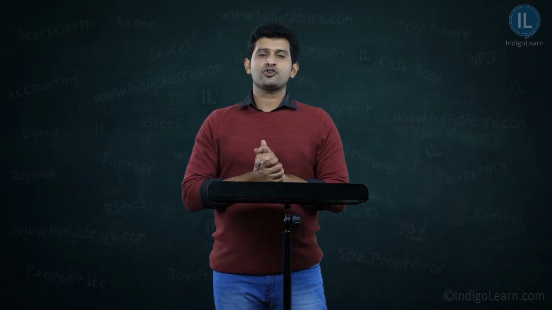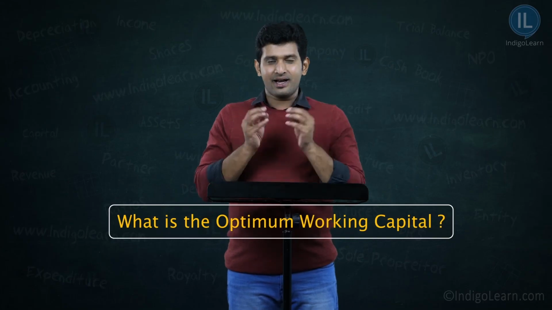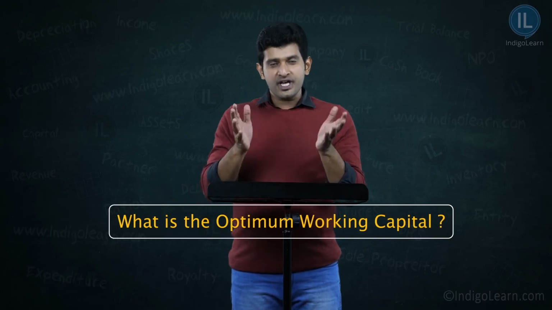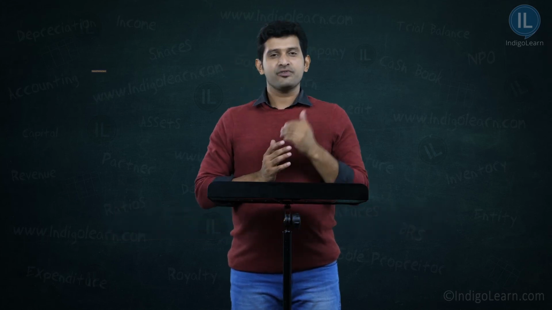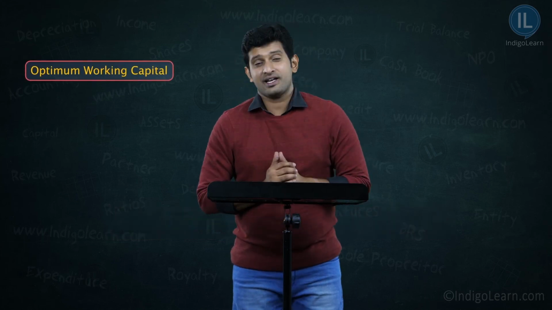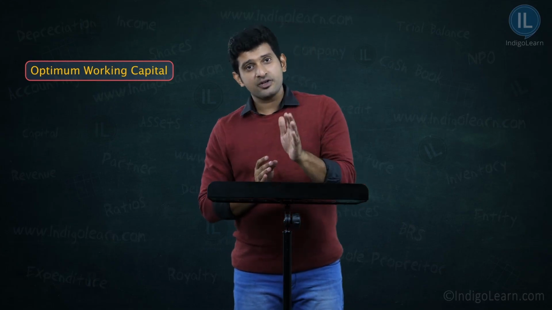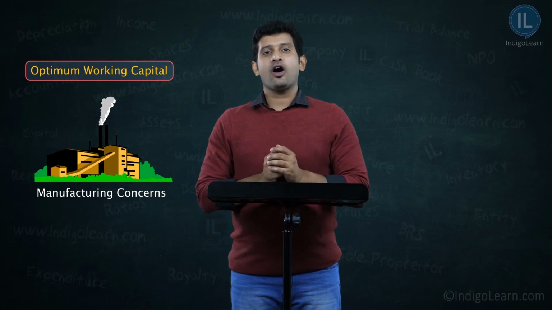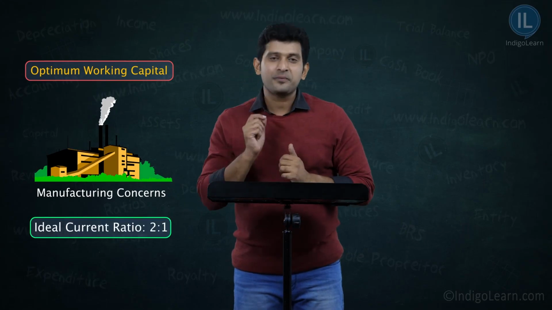Hence, the question comes as to what is the optimum working capital? What should be the ideal or optimum working capital to say it is adequate working capital? Friends, if you remember, if we go back to the chapter called ratio analysis, there we mentioned that in general, especially for manufacturing concerns, the adequate or reasonable ratio of current assets to current liabilities is 2:1.